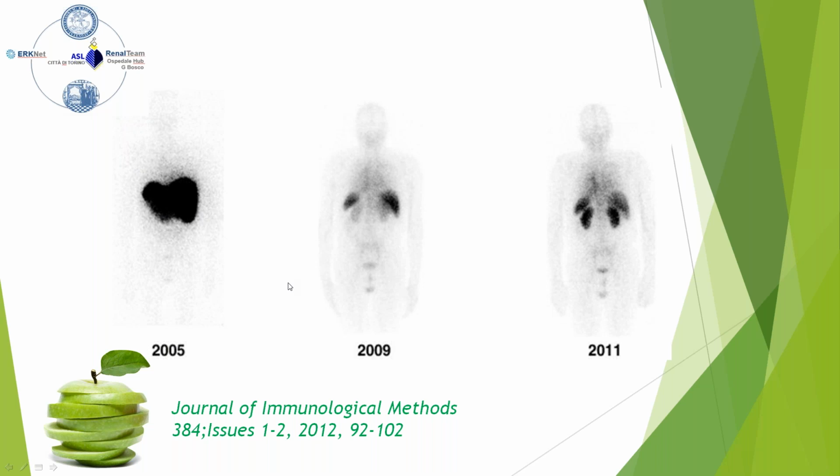The colleagues from the London group developed a tracer using SAP labeled with radioactive iodine, and used it to visualize amyloid deposits in different organs. Unfortunately, to date, this method is not routinely available outside the United Kingdom.